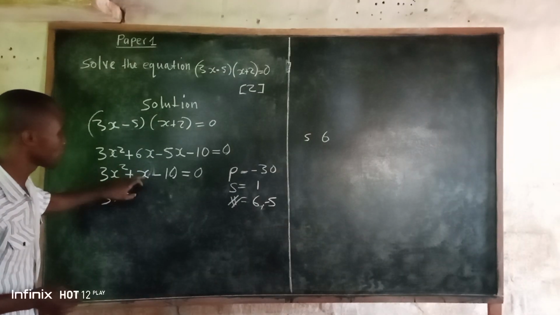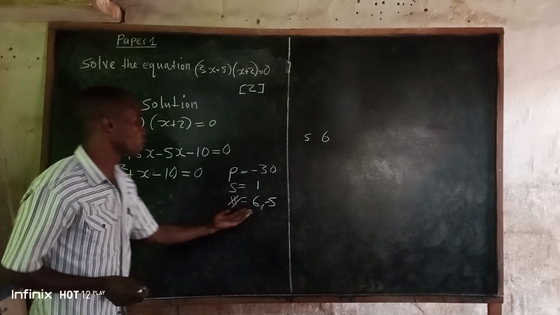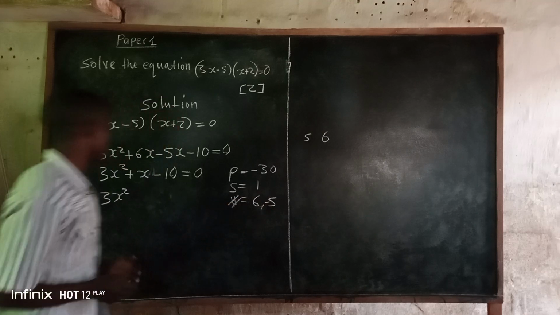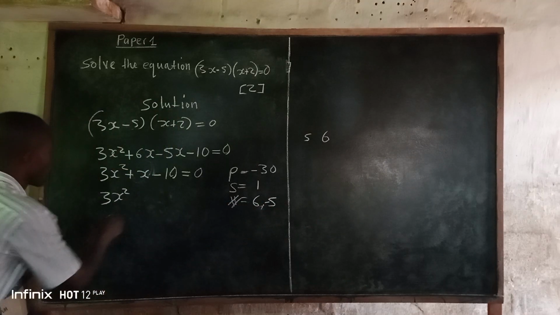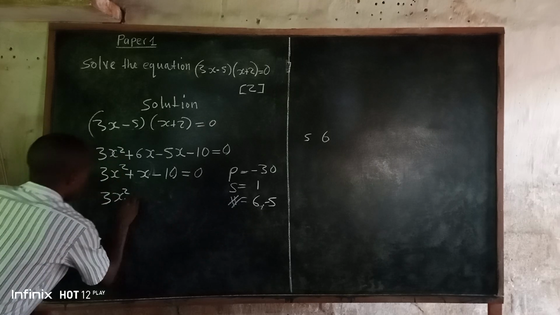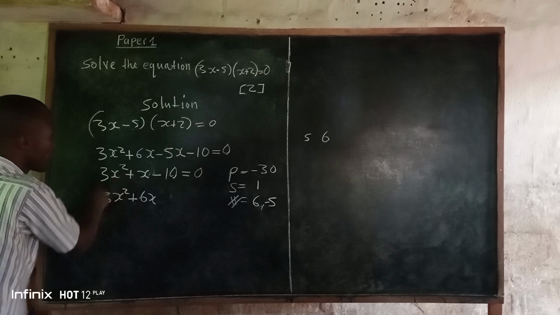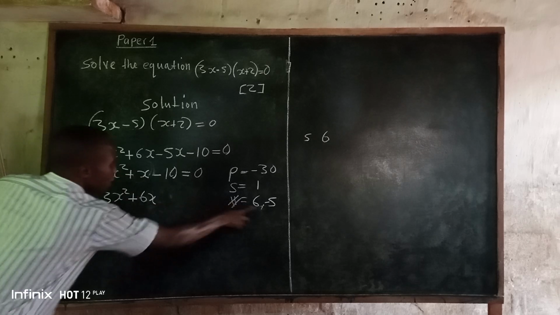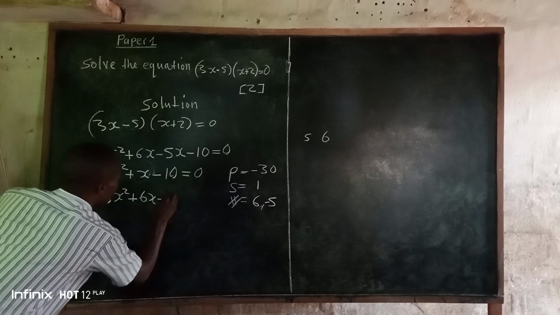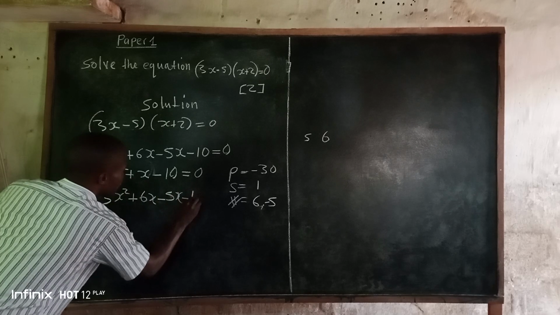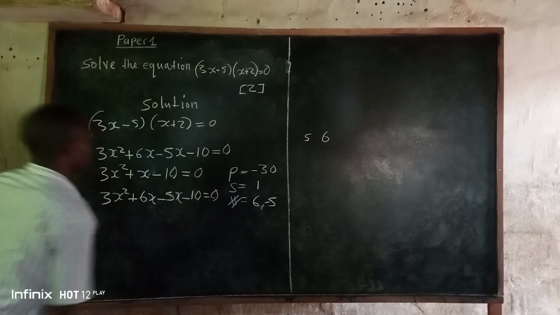This one now is going to be substituted by these 2 factors that we've come up with. So how? This is positive, remember, so we are going to say plus 6x. We put the variable there. Then this 5 is negative now, negative 5x again. Then we have negative 10, then equals 0.